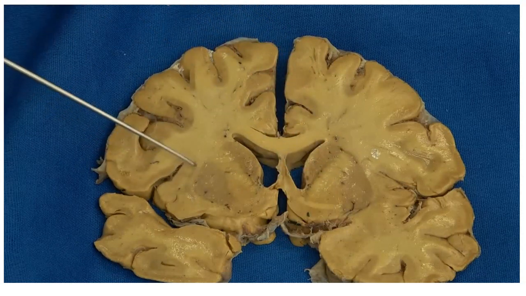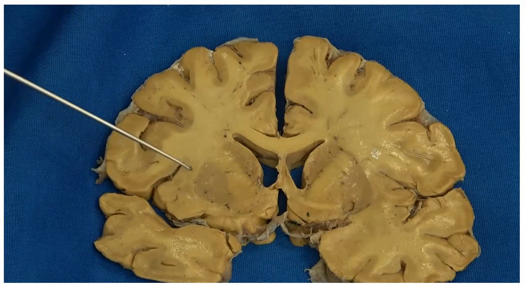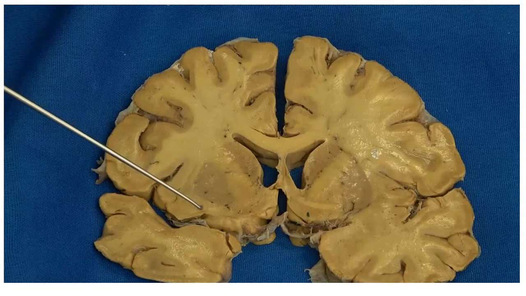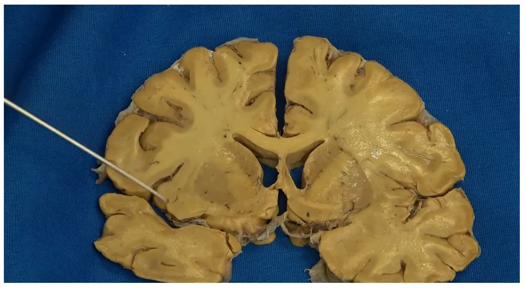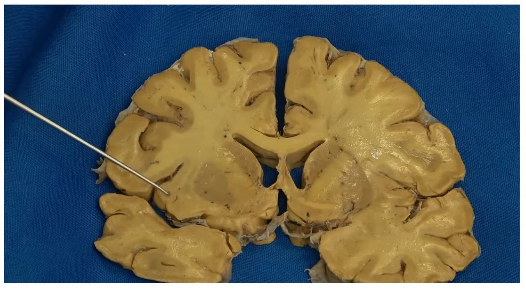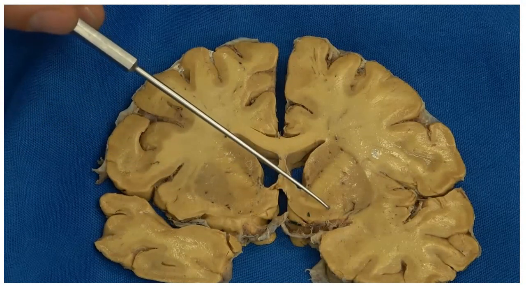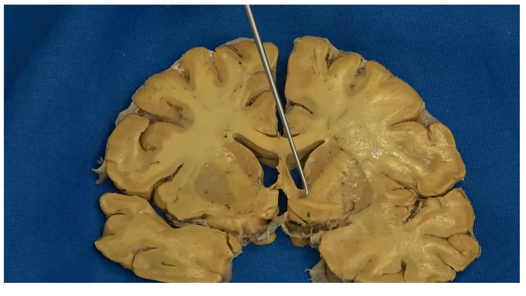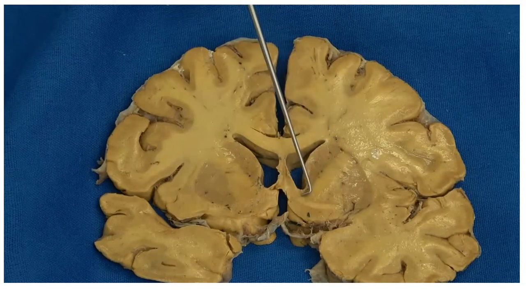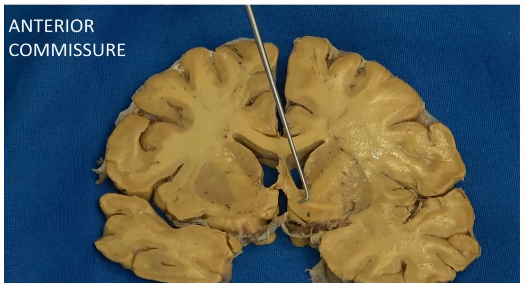Also, laterally to the putamen, we can see parts of the claustrum, so between them will be located the external capsule, and more laterally, under the insular gyri, the capsula extrema. Also, it's worth noticing this fascicle of white matter. This is part of the anterior commissure.